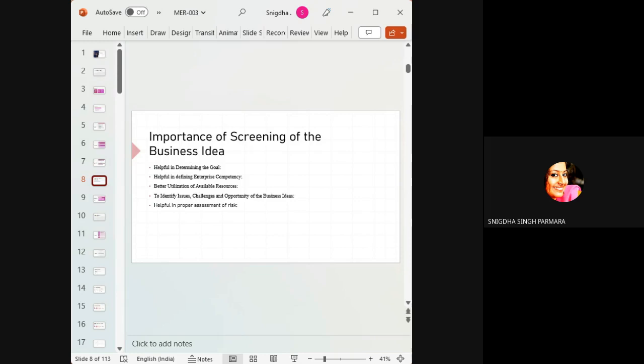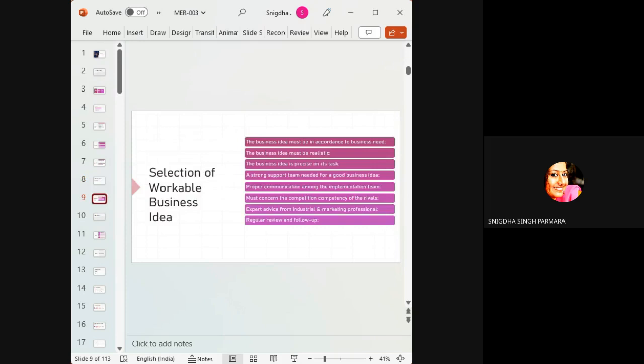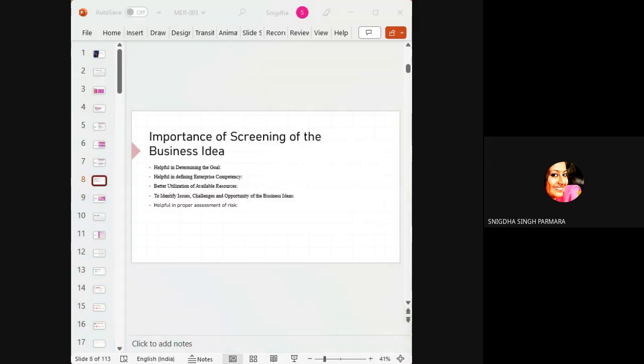So it somewhere down the line helps you in figuring out your competency. It helps in better utilization of available resources. We know that resources are scarce, they are limited, and there should be optimum utilization of these resources wherever possible. So, majority of entrepreneurs need to restrict the amount of time, money, people and other resources they are going to put into use.